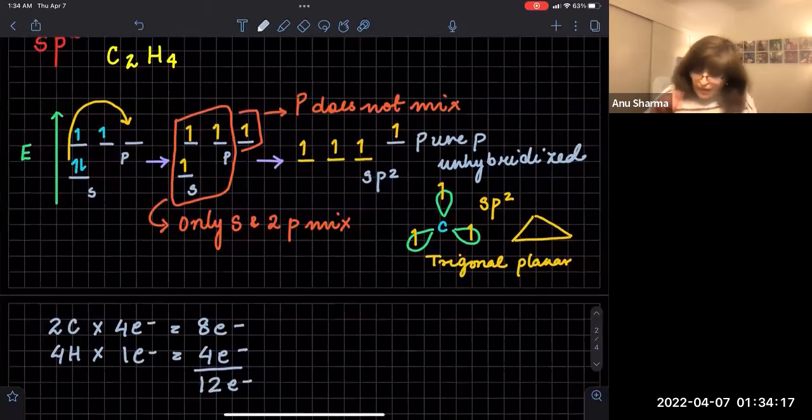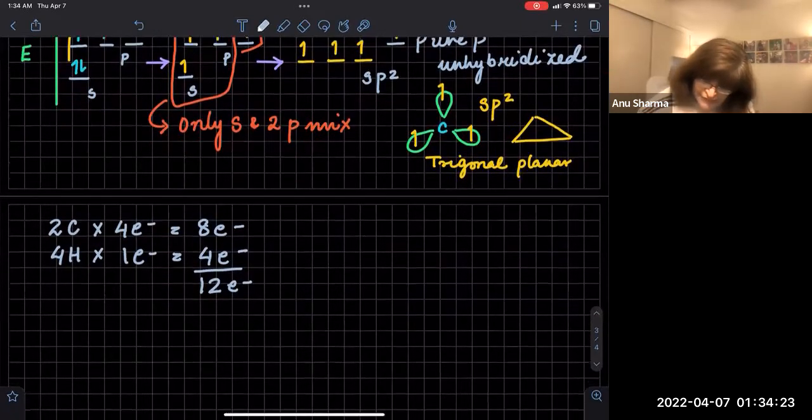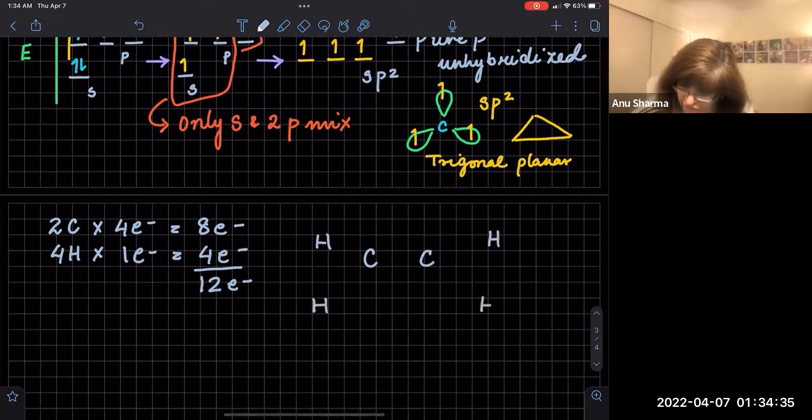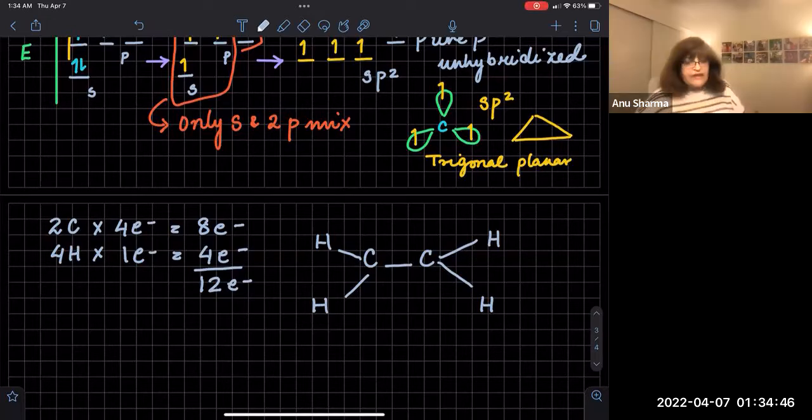Carbon makes the maximum number of bonds, 4, while hydrogen only makes 1 bond. So the Lewis structure has a carbon in the middle, another carbon on this side, and two hydrogens on each carbon. Connect them first with single bonds, which uses up 10 electrons.